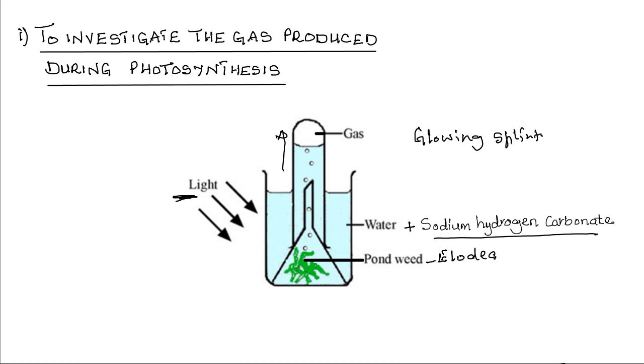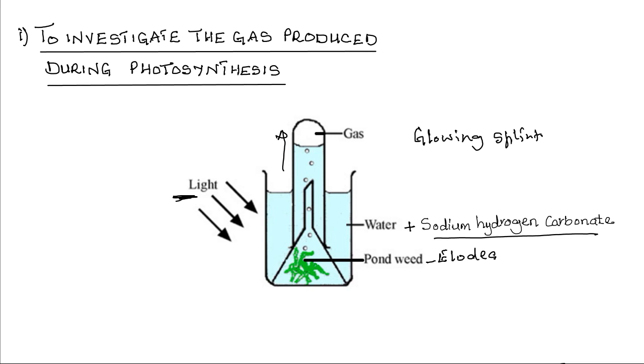Here we have water that is enriched with sodium hydrogen carbonate. We use an aquatic plant like Elodea. Now we can vary light intensity by varying the distance between the lamp and the plant. The longer the distance, the lower the light intensity.